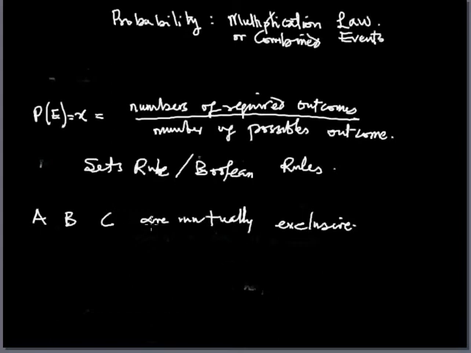Then we have the probability that event A happens, or B happens, or C happens.